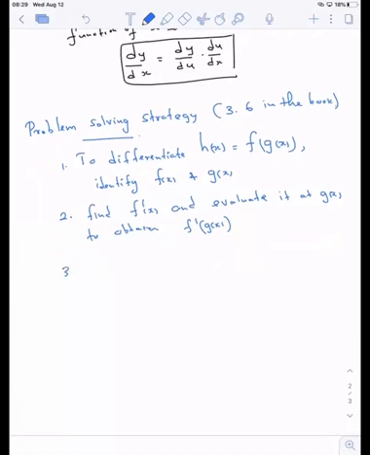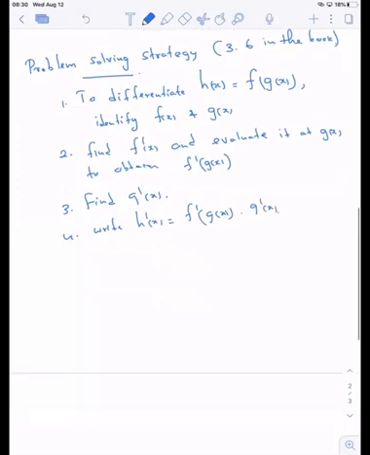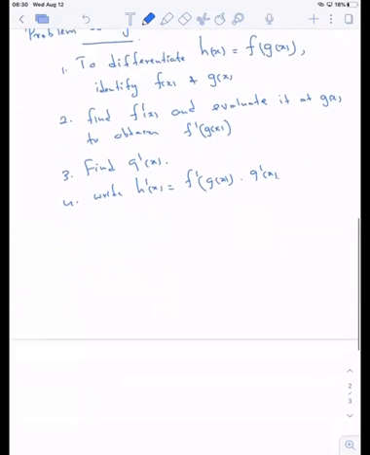And then the third one is find g'(x). And then the fourth step is write the final answer h'(x) equal f'(g(x)) dot g'(x), right? These are the four steps. I just wrote it quickly. You can look at the same thing in the book, so I don't need to repeat it. It's the same thing.